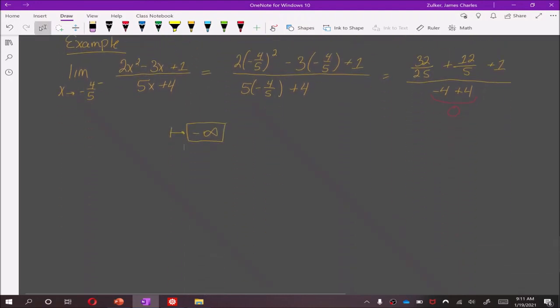If we take the same limit now, but instead approach from the right, we're going to have the same situation. So no need to reinvent the wheel. I can just recopy this.